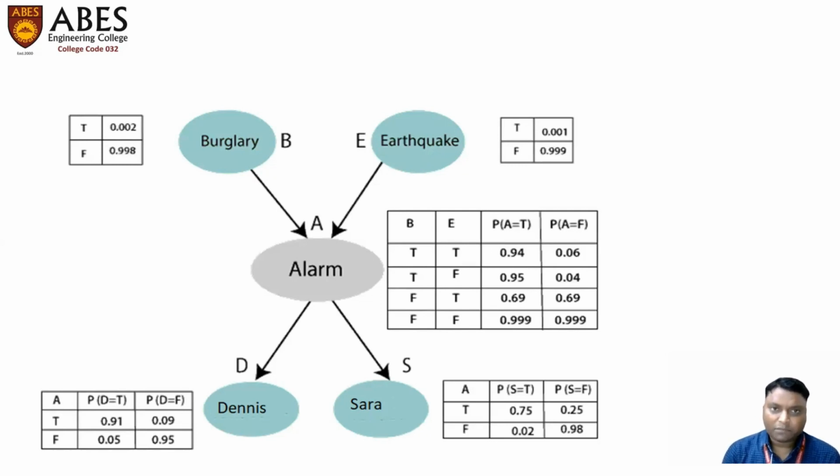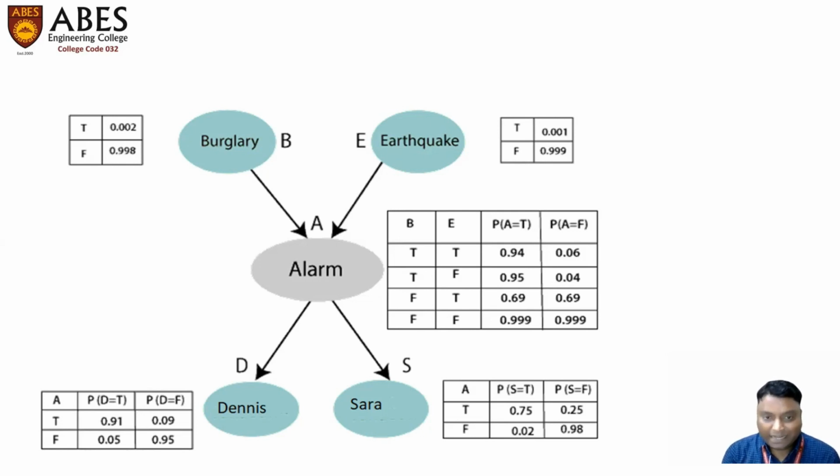The Bayesian network for the above problem is given, as we can all see on the screen. The network structure shows that burglary and earthquake are the parent nodes of the alarm and directly affect the probability of the alarm going off.